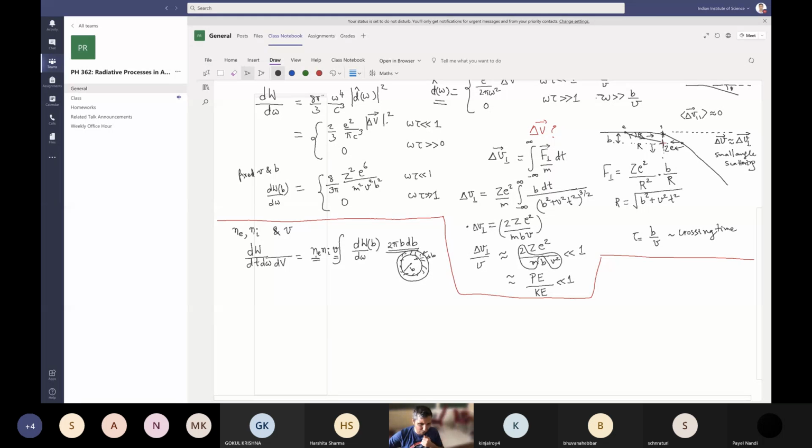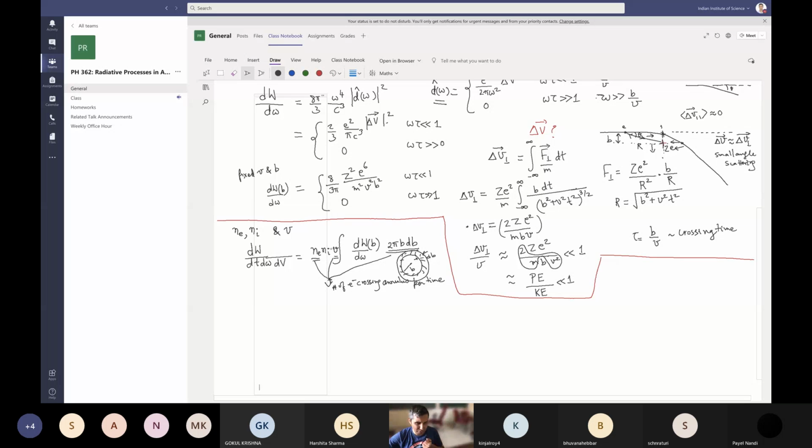So this Ne times V times 2 pi b dB is what? Ne is the number per unit volume of electrons, this is the area, so this times this is the number of electrons crossing this annulus per unit time. So number density of electrons times the velocity of electrons times the area of this annulus.